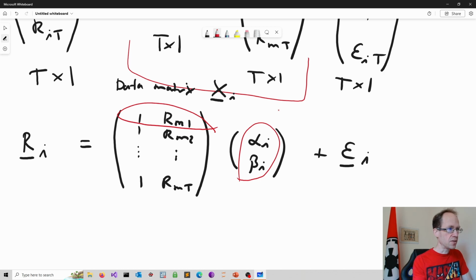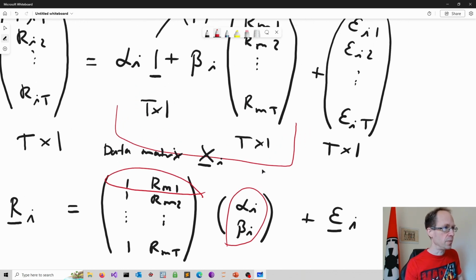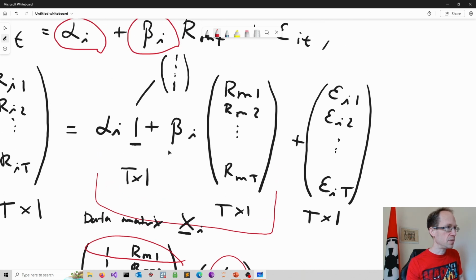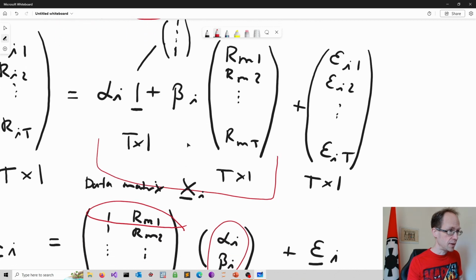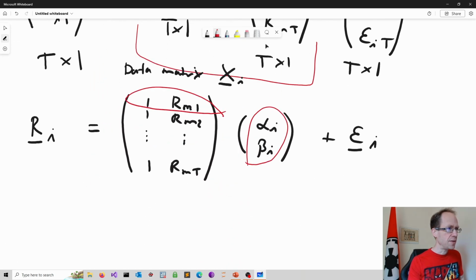And then in the next row, you would get alpha i plus beta i times Rm2, and so on. Yeah, so it will be just the same structure you saw above. So you have all the alpha i's put together because they are multiplied here with the all one vector. And then you have the beta i times the respective market return for the different points in time. So this basically gives you exactly the expression above.